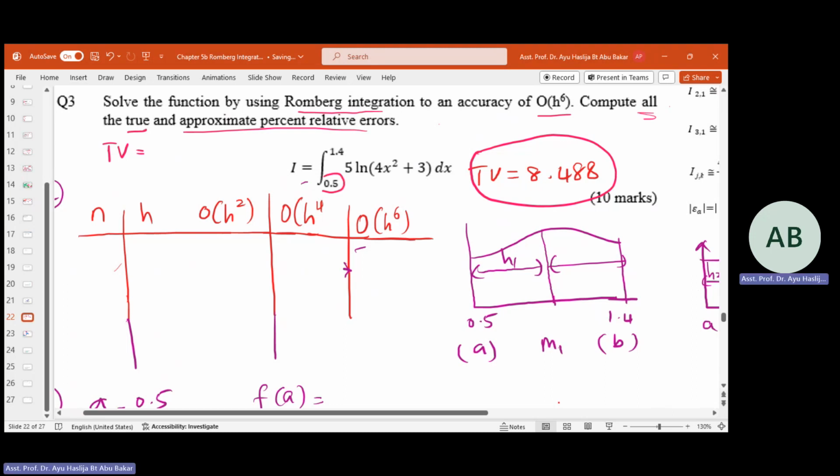Range from 0.5 to 1.4. Okay, this is your A, this is your B. You get the same?